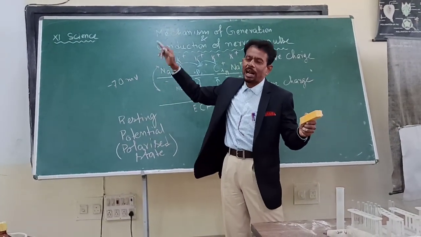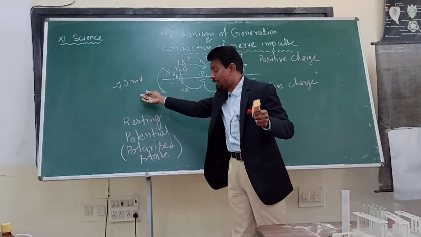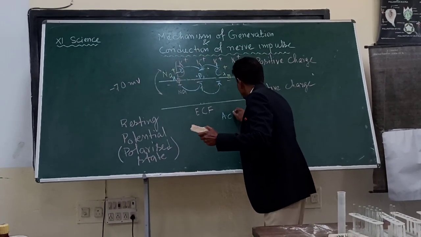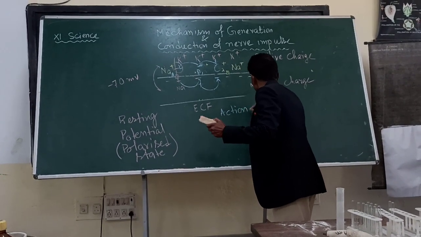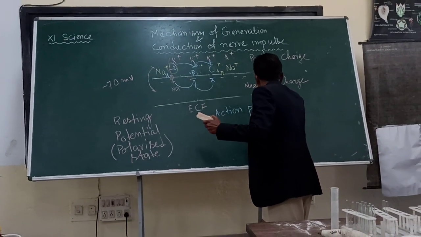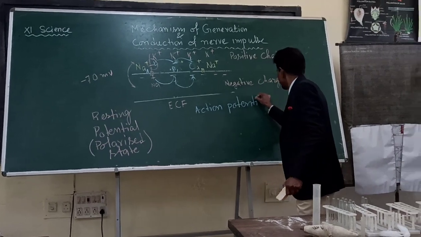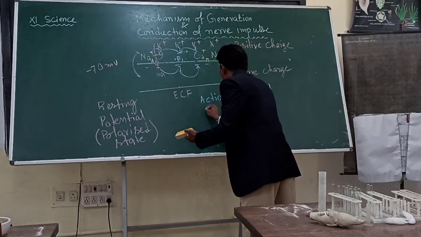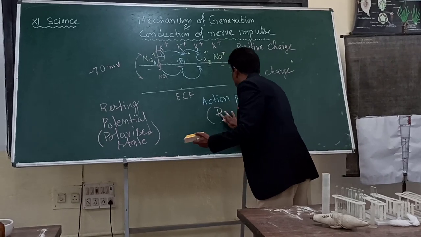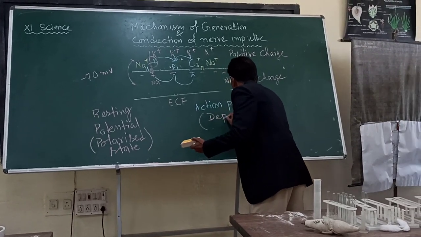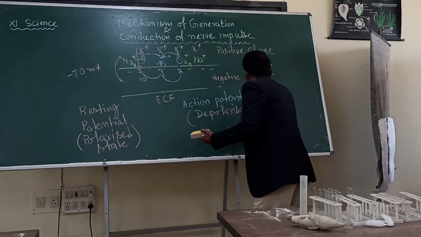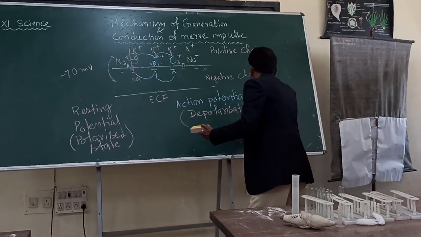So first the polarized state, otherwise called resting potential. Now it is called action potential, otherwise called depolarized state or depolarization.